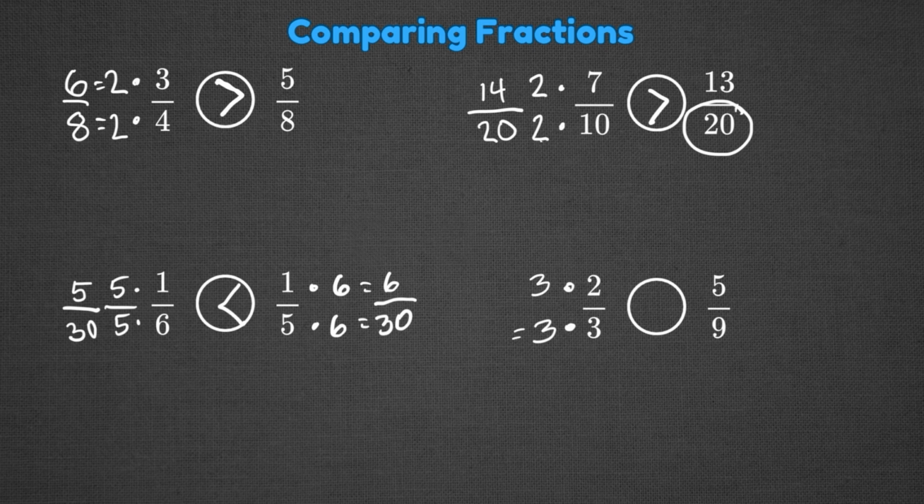This is going to get me a 9 on the bottom, just like I wanted, and a 6 up top. So now I know that 6/9, which is of course equivalent to 2/3, it's the same fraction, it just looks a little different, is greater than 5/9.